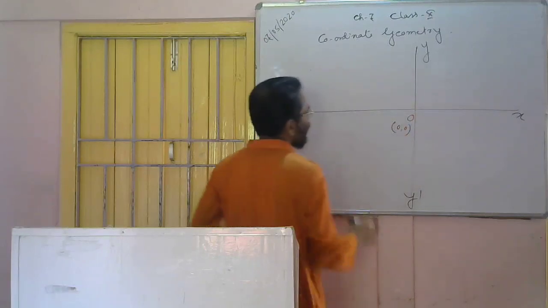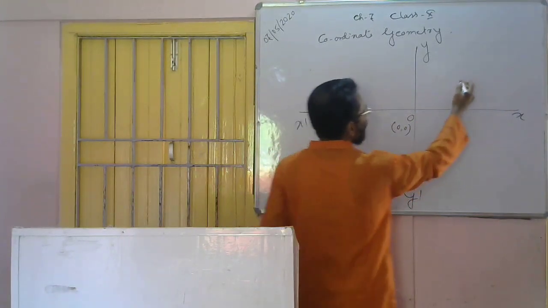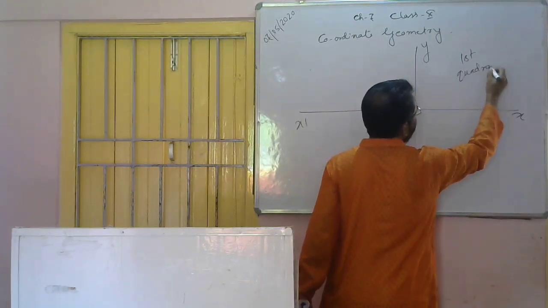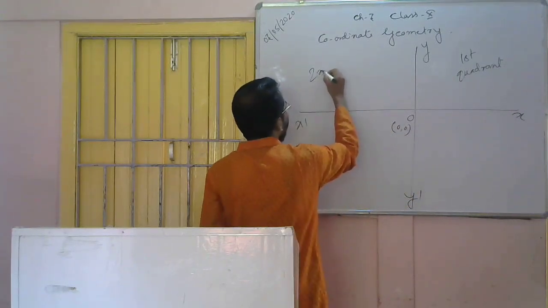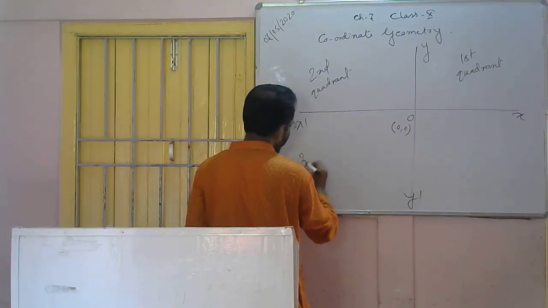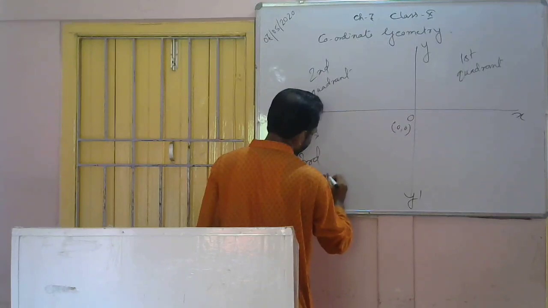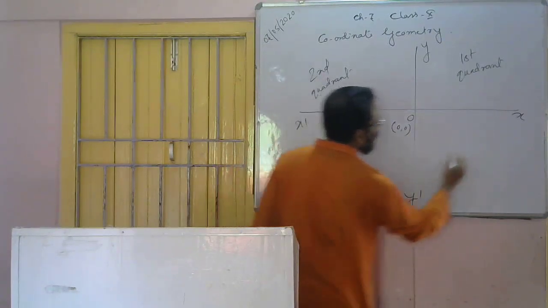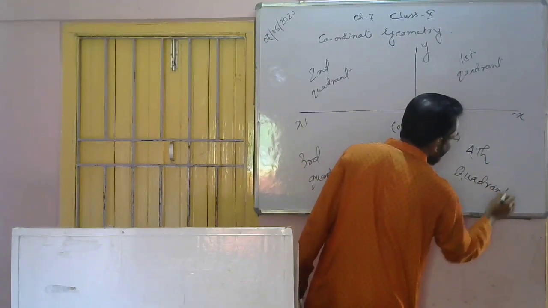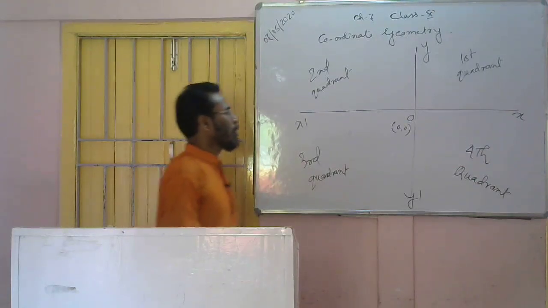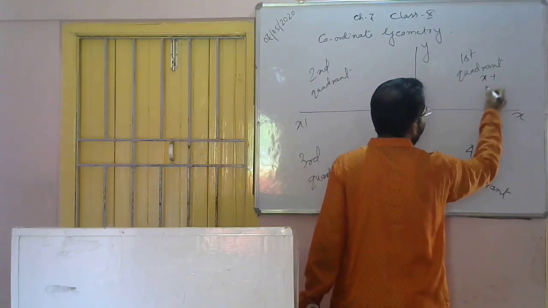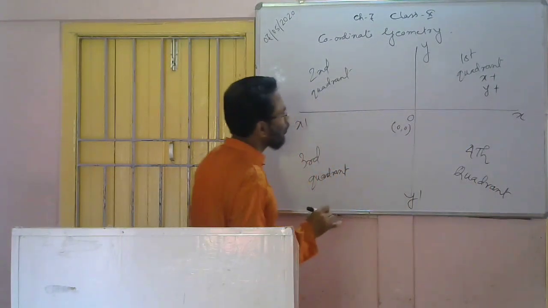So here this is called the first quadrant, this is the second quadrant, this is the third quadrant, and this is the fourth quadrant. In the first quadrant, x is positive and y is positive, that you know from class 9.